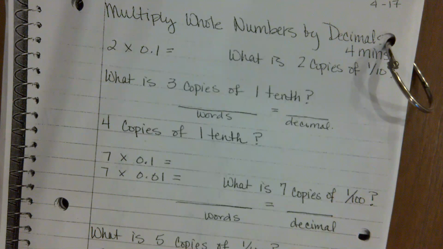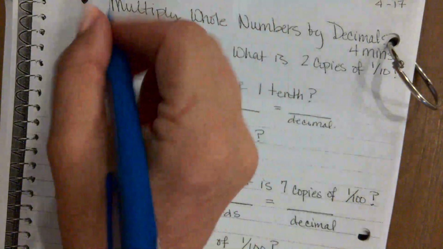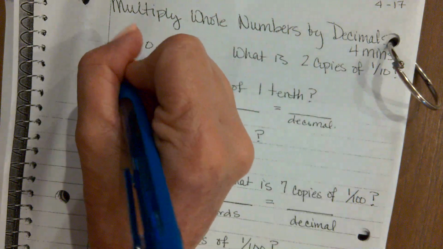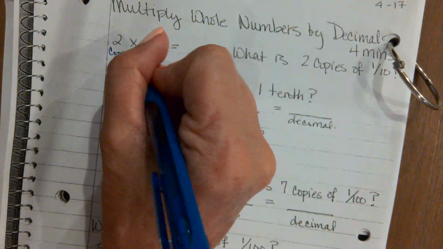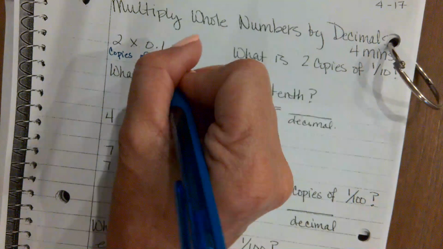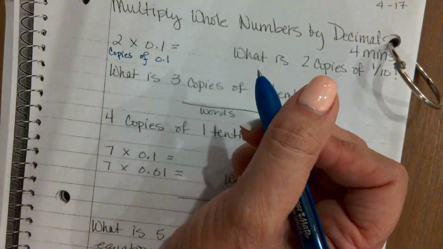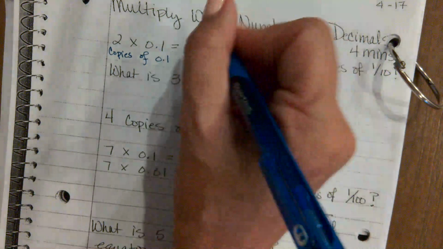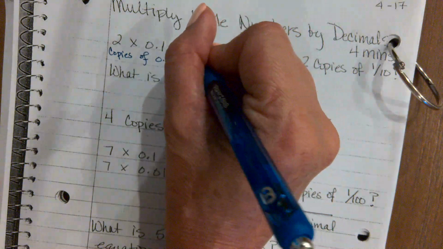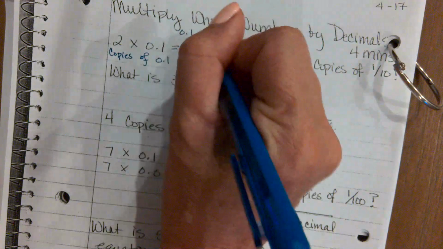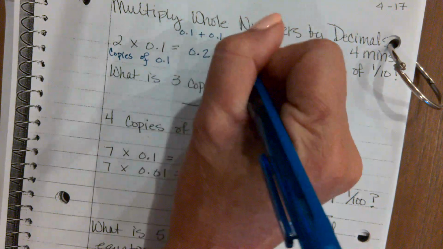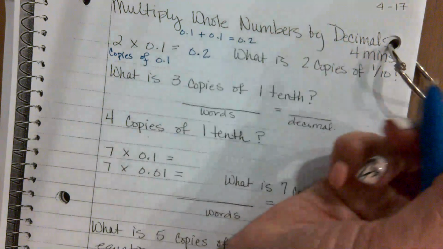So 2 times 0.1 is really 2 copies of 0.1, right? So 2 copies of 0.1 is what? 0.2, right? Because 0.1 plus 0.1 would be 0.2, right?